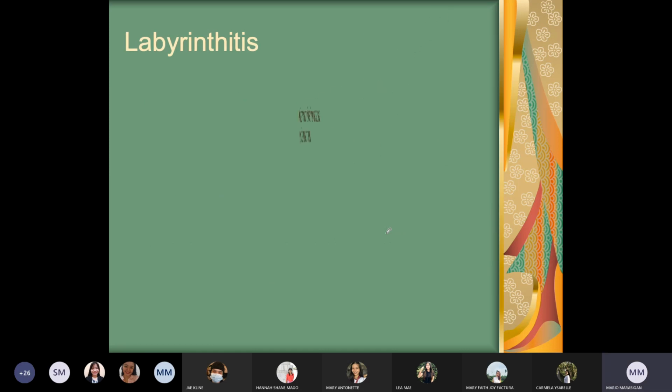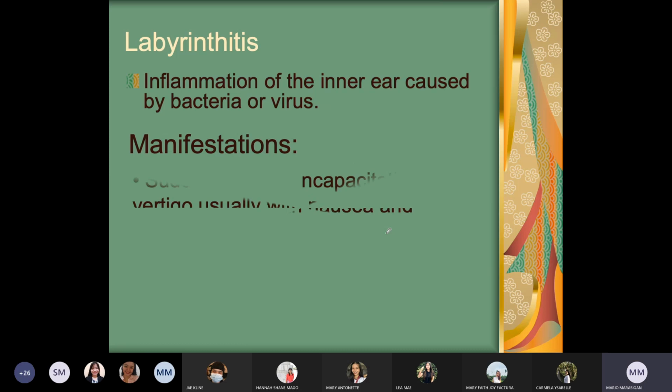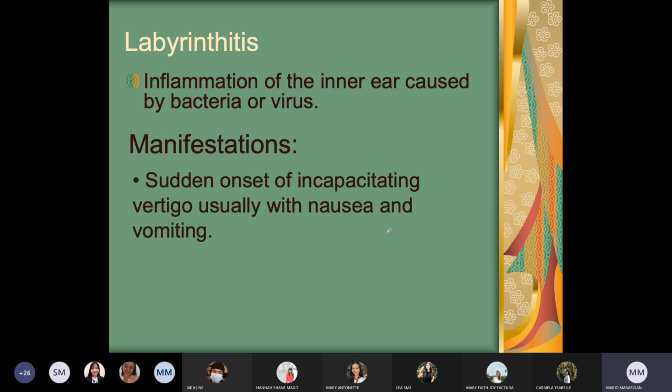Infection of labyrinth, we call that labyrinthitis. Okay? So, it is caused by either bacteria or virus. Manifestations, sudden onset of incapacitating vertigo, usually with nausea and vomiting. So how are you going to differentiate whether it is Meniere's or labyrinthitis? Again, ang Meniere's, mayroon siyang triad symptoms, right? Meron siyang sensorineural hearing loss, meron siyang tinnitus or ringing of ears, at meron siyang severe vertigo.